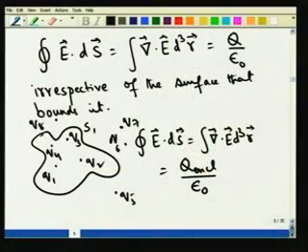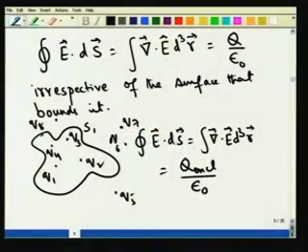In other words, although the electric field itself will get contributions from charge distributions all over the space, wherever they may be located, this surface integral, integral E dot ds, and therefore this volume integral, divergence E d cubed r, is going to get contributions only from those charges which are enclosed by this particular surface. That is something that we have to remember.